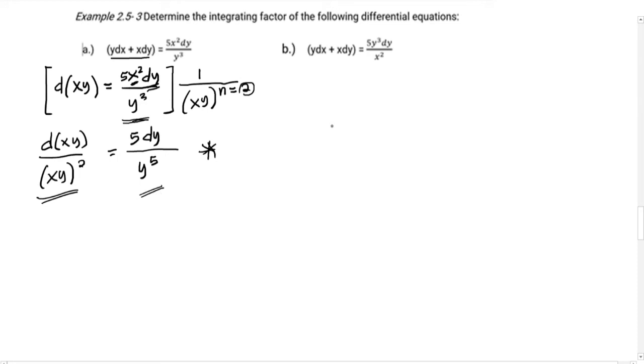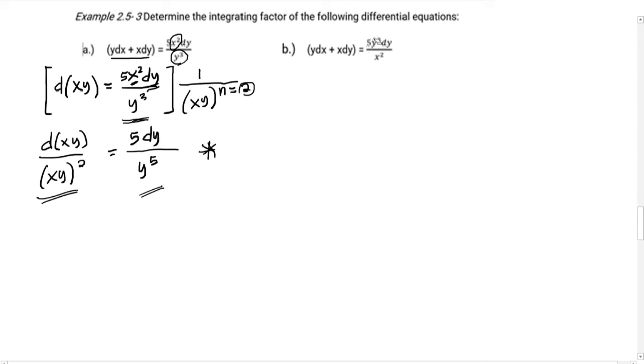Then let's move to letter B example. As noticed in our letter B example, our x here on the right side is now written in the denominator. And our variable y from the denominator in example A is now the numerator in example B.